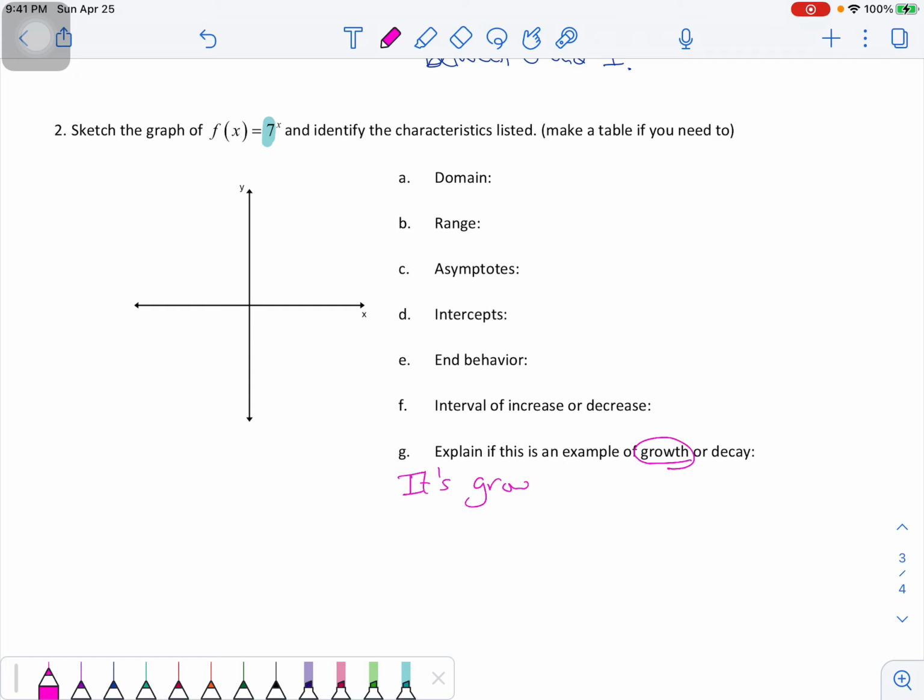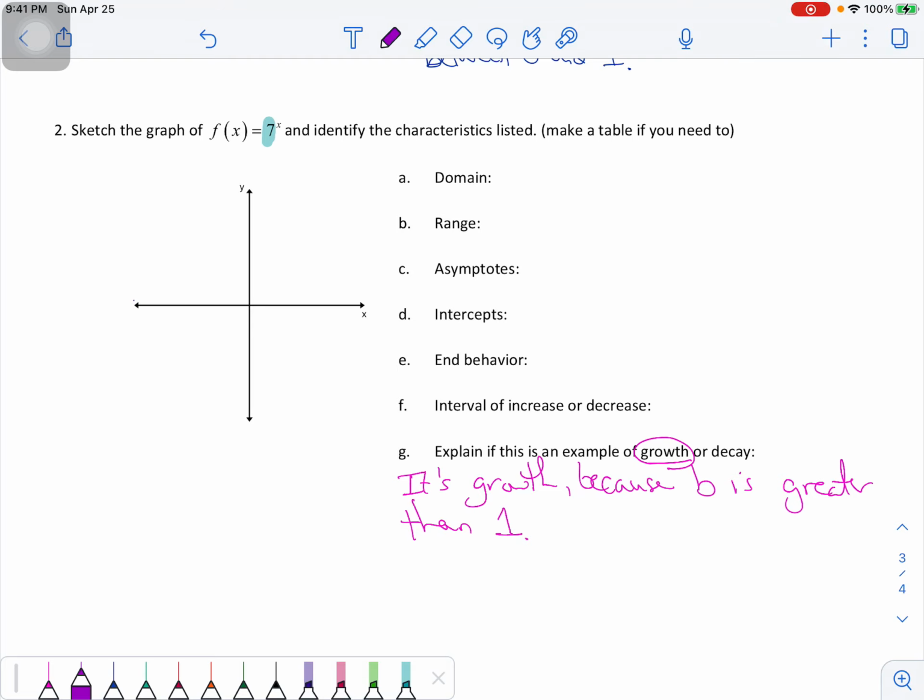All right, it's growth because b is greater than 1. Now, I know it's growth, and if I know it's growth, I then know what the graph kind of looks like, because I know growth is an increasing function.